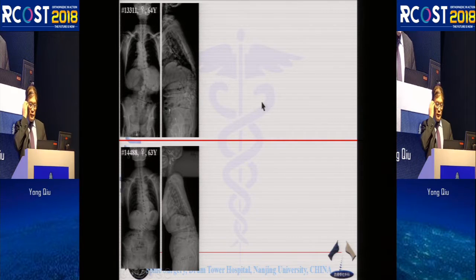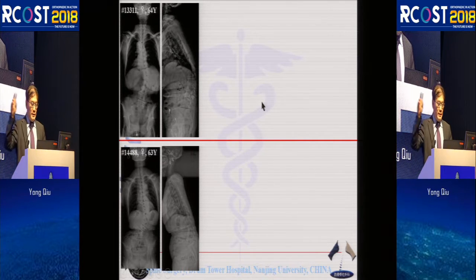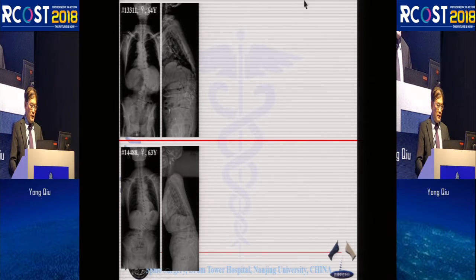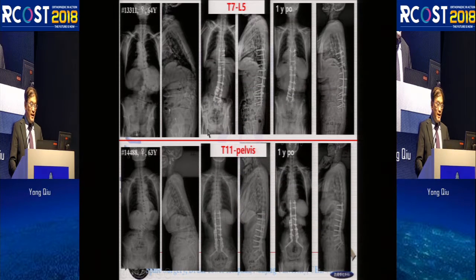Look at these two similar patients with nearly the same instrumentation pattern, kyphotic degenerative scoliosis, the same age, 64 years old and 63 years old. We used a different surgical strategy.